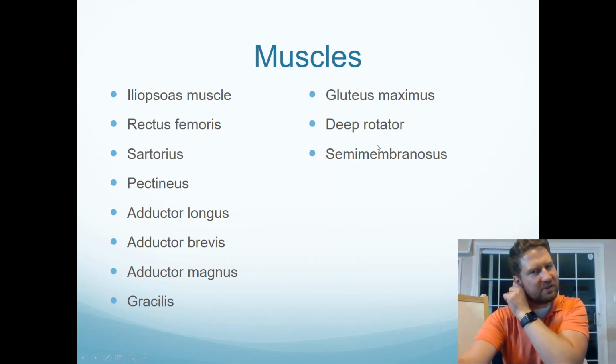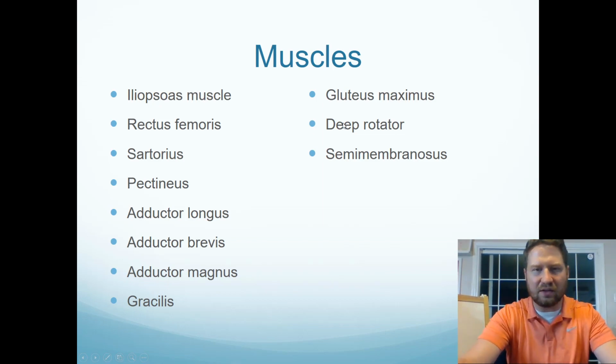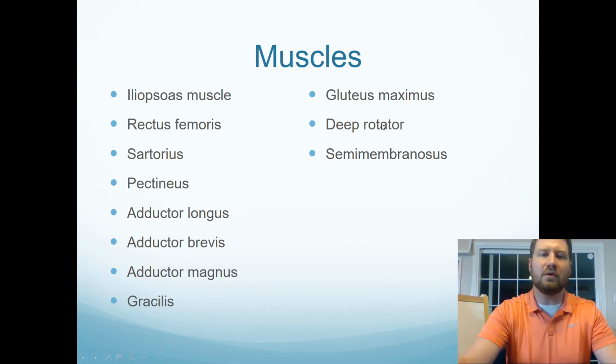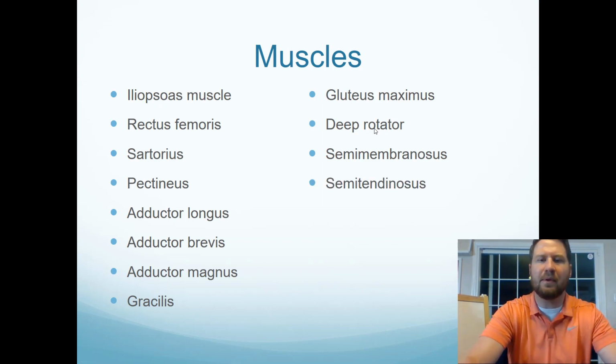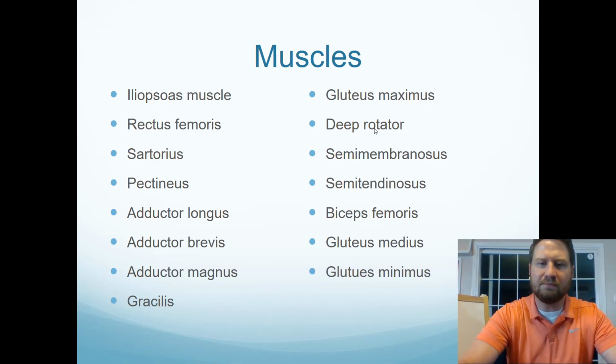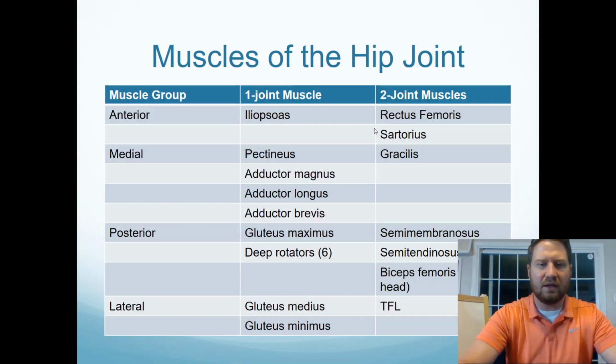Your book just kind of groups them all together. There is a table towards the end of the chapter that has all of them listed. Then we go into your hamstring group, your semimembranosus, semitendinosus, and biceps femoris, and then your gluteus medius, gluteus minimus, TFL.